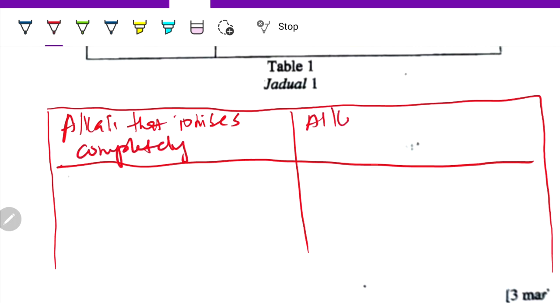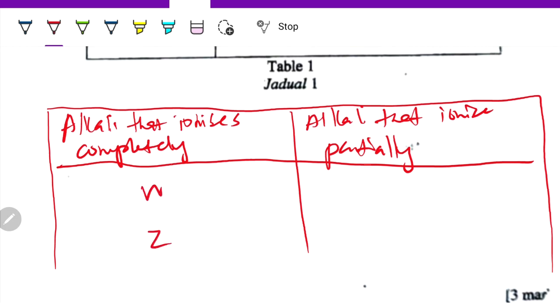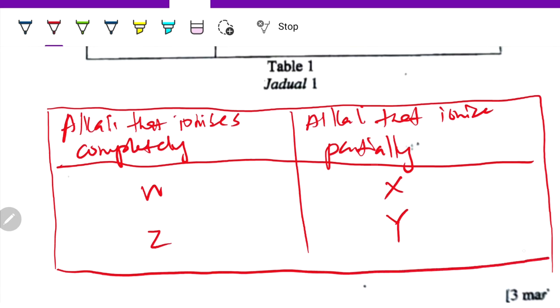Another one will be alkali that ionize partially. So here we know that completely will be W and Z. For partially, for the weak one, X and Y. So this is how we classify normally.